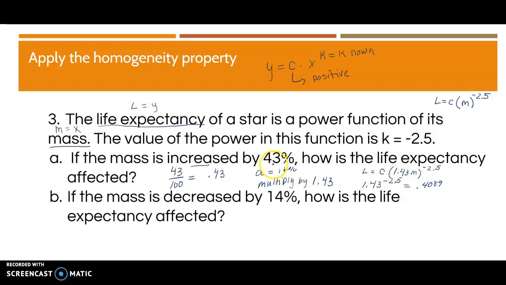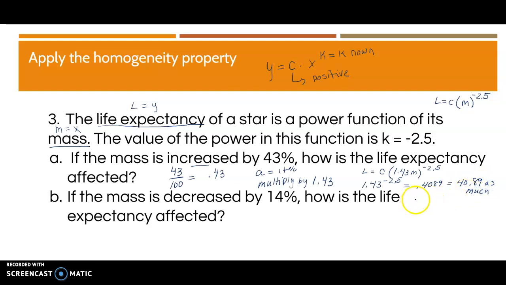Because this problem is dealing with percents, I'll change that to a percent. So this would be 40.89%. And so when I'm talking in the context here of the homogeneity property, this would be 40.89% as much.